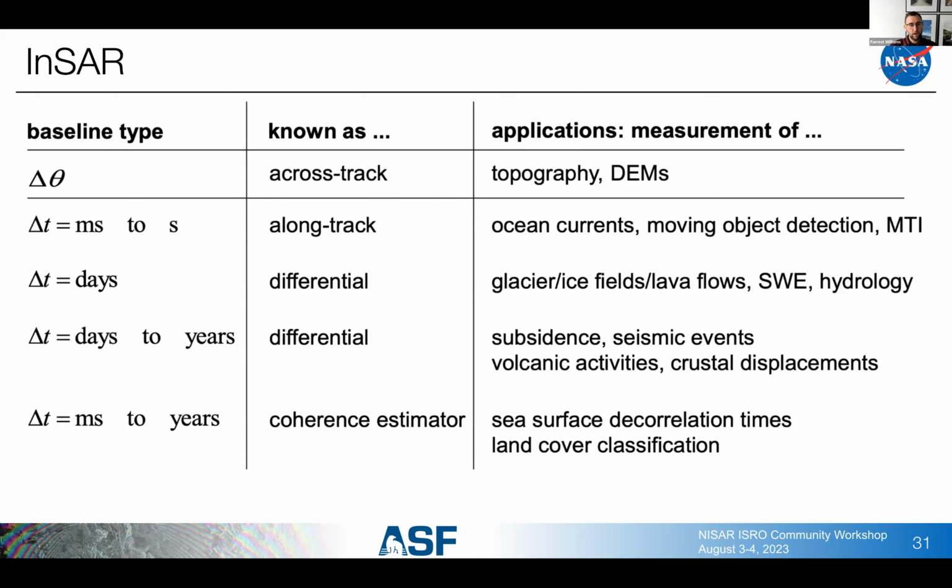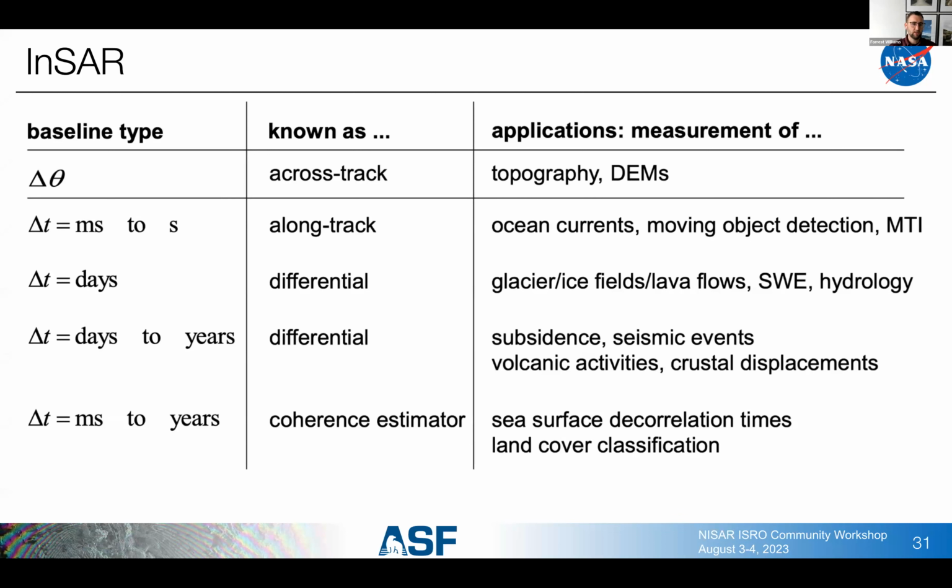Then the other type of measurement that we can make uses a difference not in the location of where the signal was captured, but a difference in the time that it was captured. Basically, take one image, complete an orbit, and come back 6 days later and take another image. We can use that difference in time to say something about the actual deformation of the Earth.